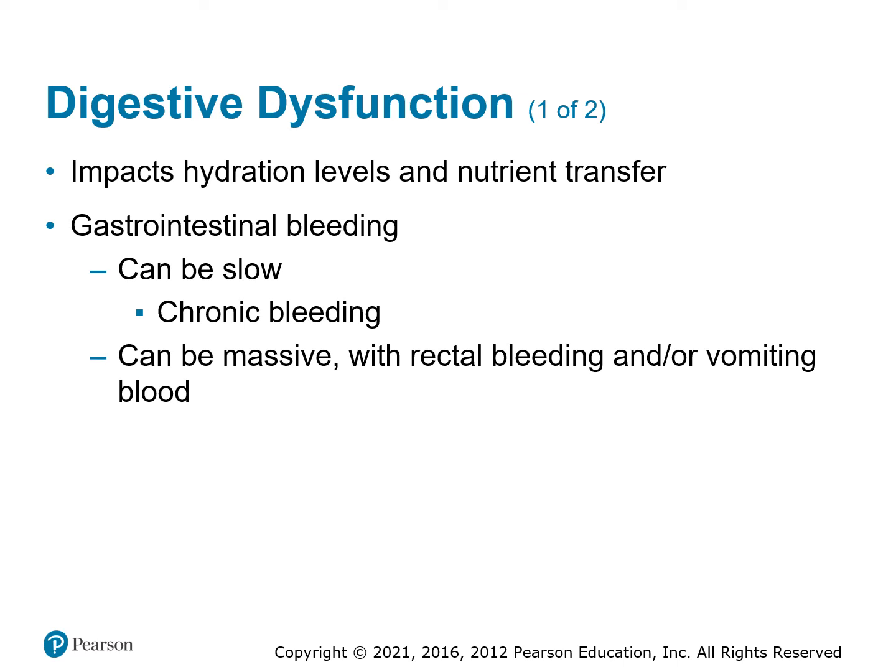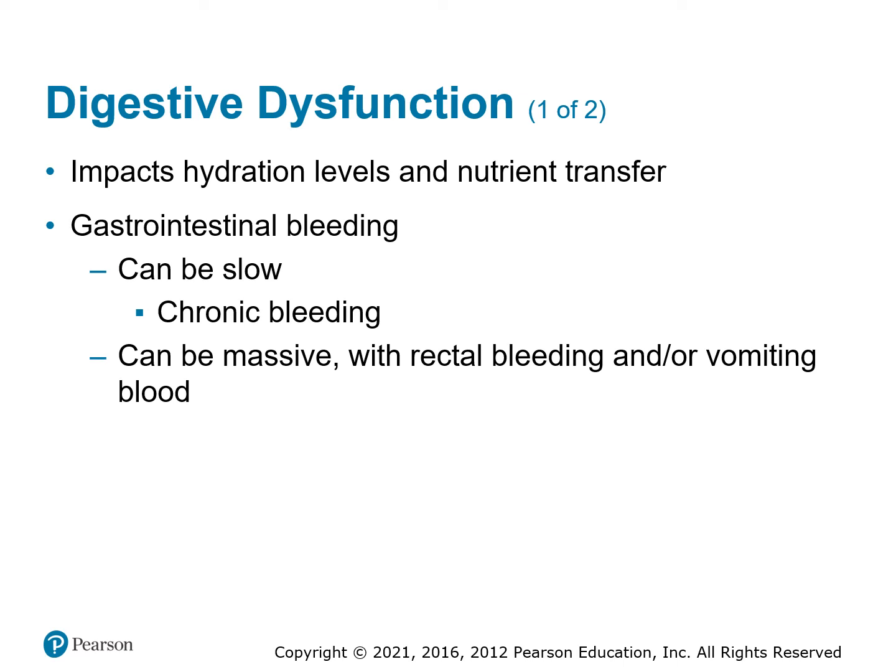If they're vomiting bright red blood, it's a fresh bleed. If it looks like coffee grounds and has a very unique smell to it, it's a chronic bleed such as an ulcer or some type of cancer in the stomach or the esophagus. If they have rectal bleeding and it's bright red or fresh, that's a current bleed.